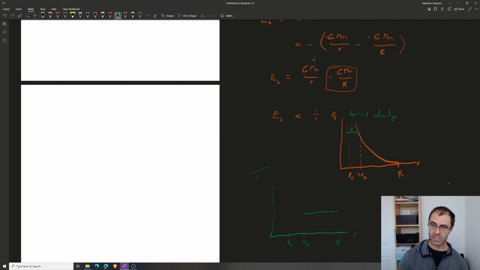So in this region where it's reached terminal velocity, we would expect this graph to have that 1/r shape to it, because here we're converting gravitational potential directly into heat.